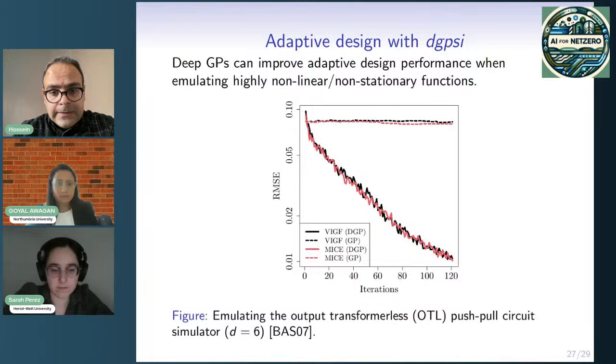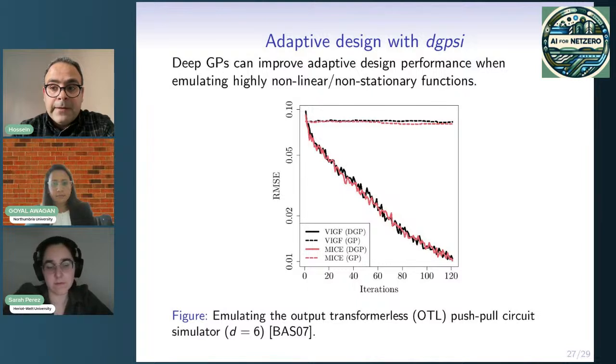As an interesting example, I show you the results of emulating a six-dimensional engineering problem, which simulates the OTL push-pull circuit. And in this case, we found that using an adaptive method, either VIGF or MICE, with deep Gaussian processes can improve the performance of both methods significantly.